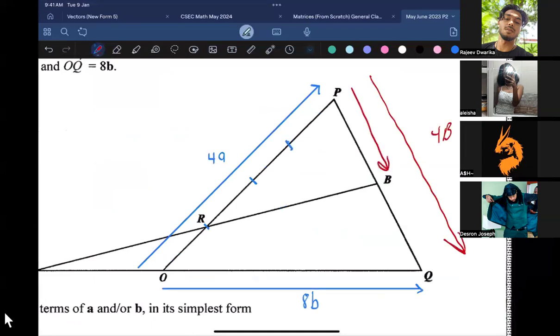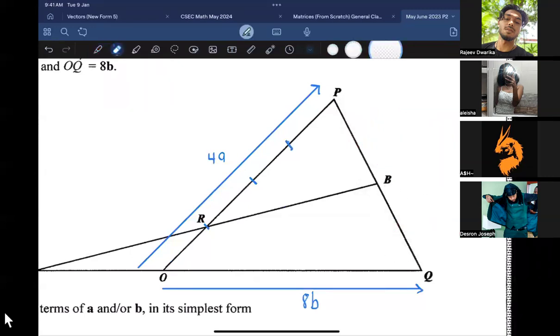What ought I make this then? If that whole thing was 4B, what would P to B be? 2B. This could be 2B and this could also be 2B. So whatever the whole thing is, P to B is just half of that.